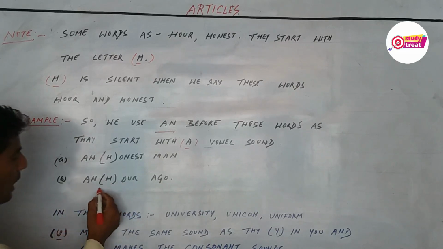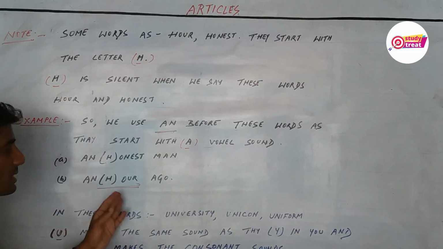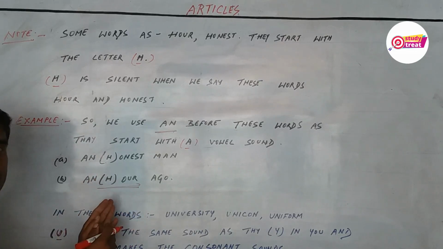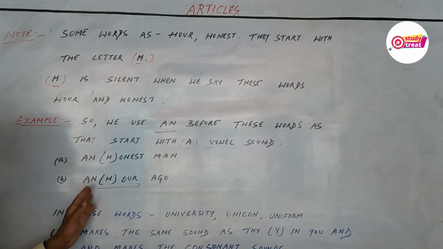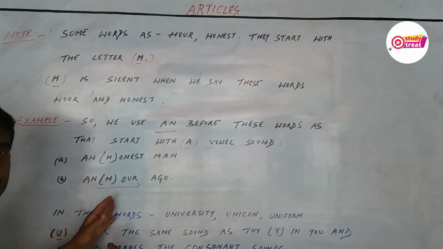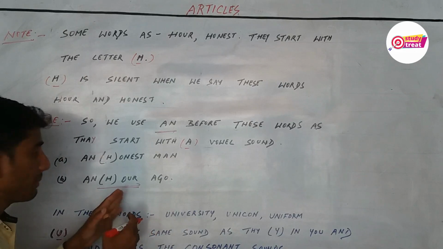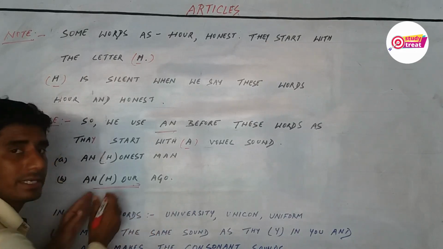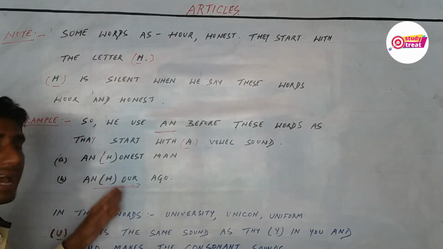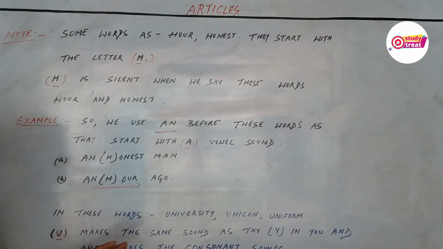Again, in hour, the spelling is H-O-U-R, but the H is silent here. So it is coming in the vowel sound, so we use an hour, an hour, a girl.